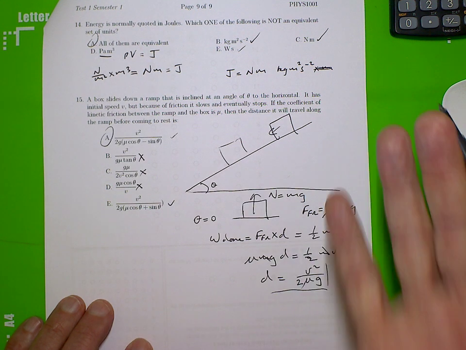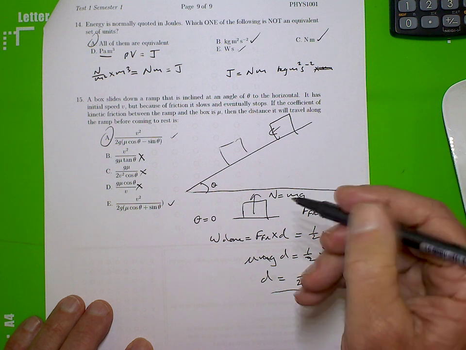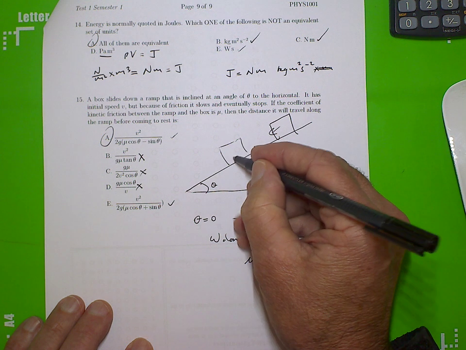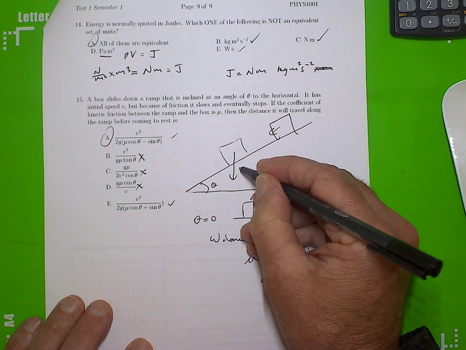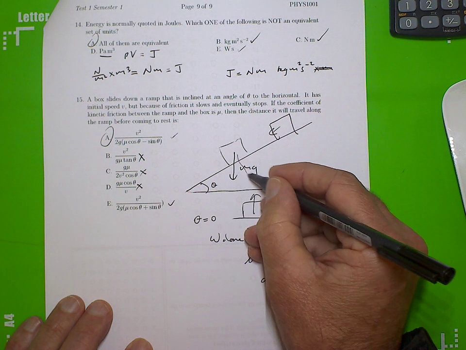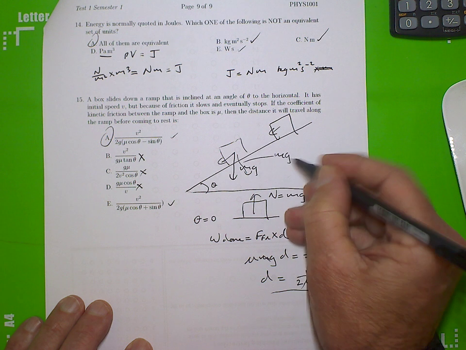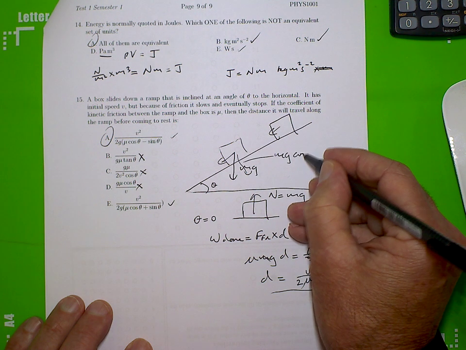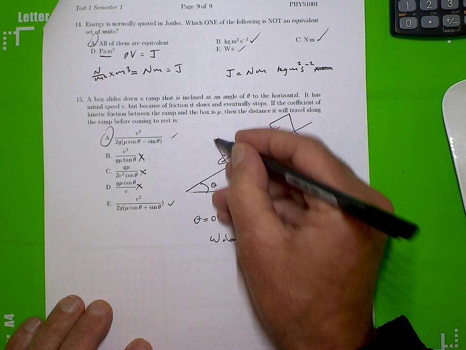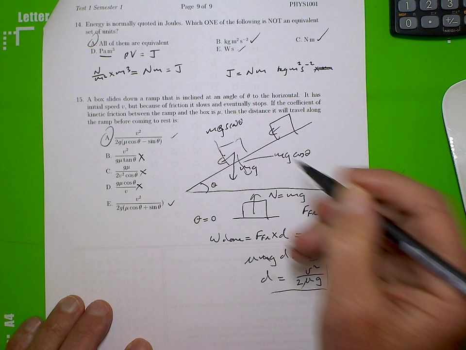You can, if you want, actually do the analysis. It's not hard. You just have to work out, there is mg. It's got a component there and there. This one being mg cos theta. This one being mg sine theta.